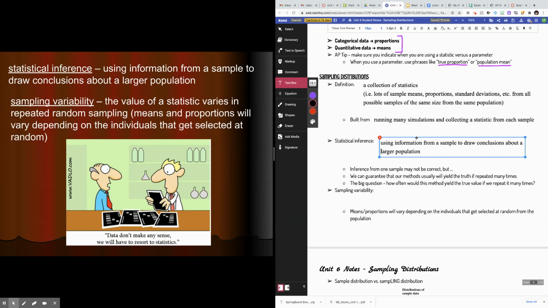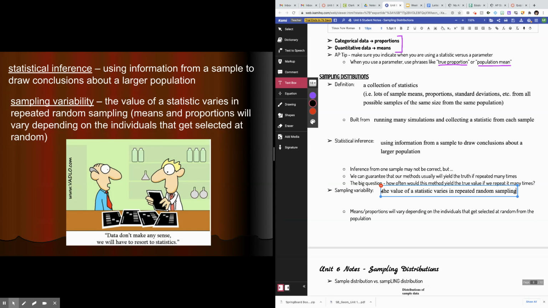And the last important thing that we need to talk about here is sampling variability, which again, you've been using all year. I just don't think I've given you an explicit definition for it yet. Sampling variability says that the value of a statistic varies in repeated random sampling.